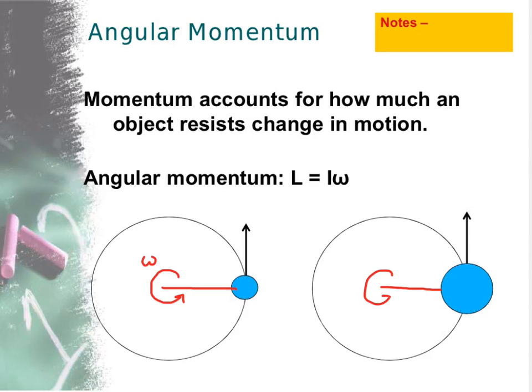So if you were to look at two identical circles and two identical speeds, when this one is more massive, then you'll notice that this one will have more angular momentum than the one on the left because there's more mass. Now, some very interesting things can happen with angular momentum.